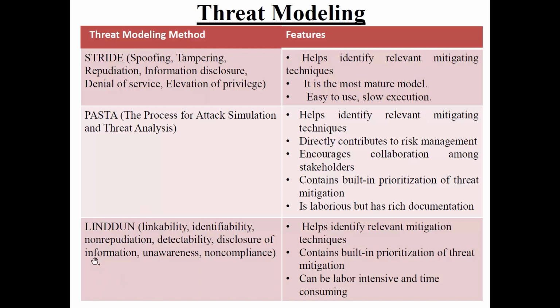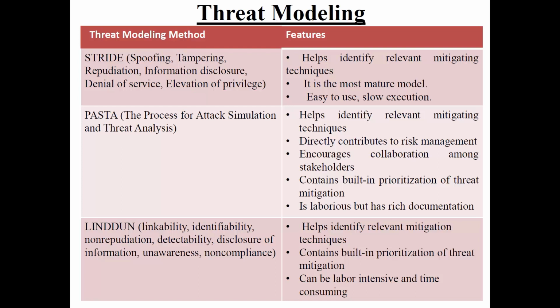The third model is LINDDUN. So here, this is a mnemonic. L stands for linkability, I is identifiability, N is non-repudiation, D is detectability. This D stands for disclosure of information, U is for unawareness, and N is for non-compliance.